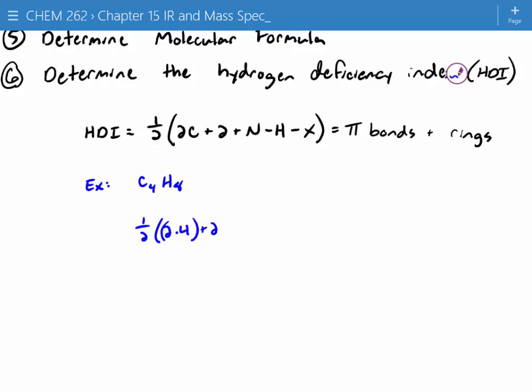What about our nitrogens? We don't have any, so we'll say 0. Minus 8 minus 0). 2 times 4 is 8, plus 2 is 10, minus 8 is 2. 1/2 times 2 equals 1, right? So 1 means we have one ring or one pi bond.